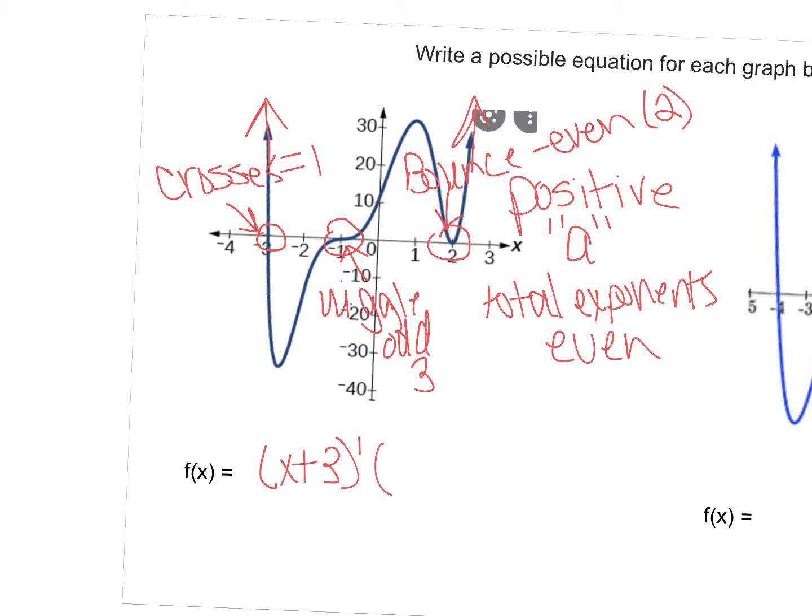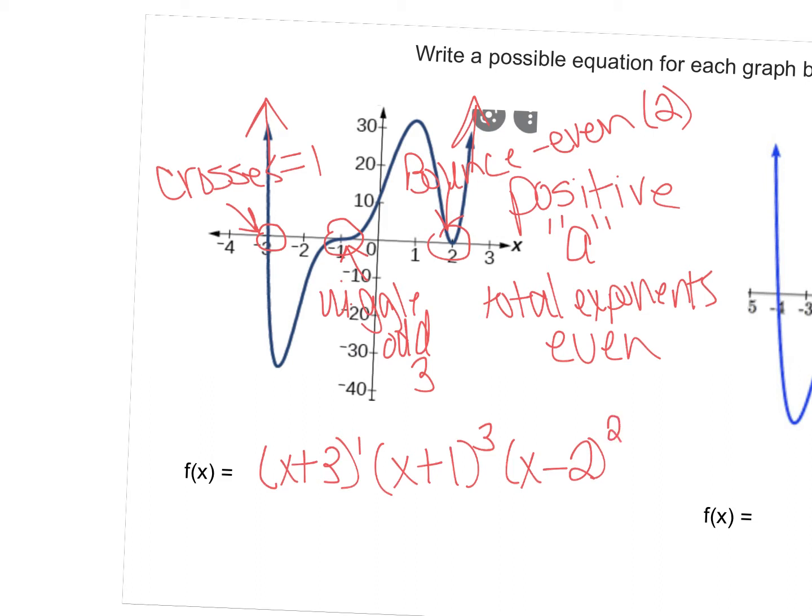And then my second factor at -1, which again, if we cross or wiggle or do anything at -1, that means it's going to be x plus 1. We said it wiggled there, so we are going to have that x plus 1 to the third power. And then the last one is at +2. So in my parentheses with my factors, I'd have x minus 2, and we'd have an even exponent because it bounces, and in this case, our lowest even is going to be 2.